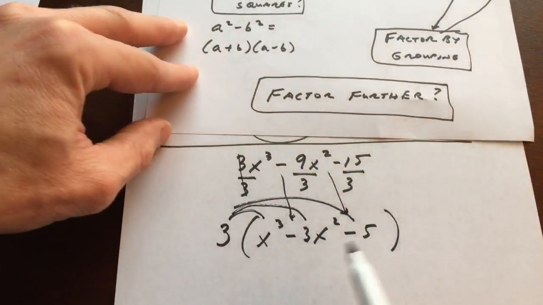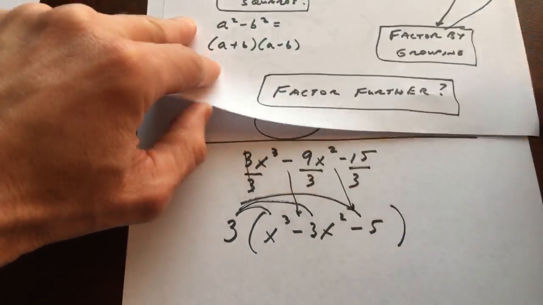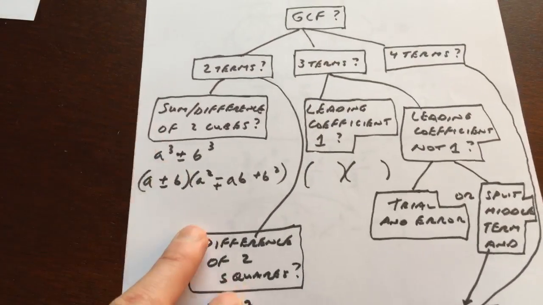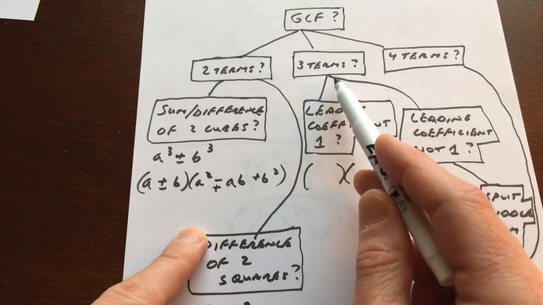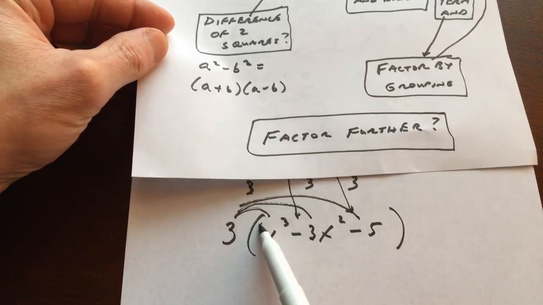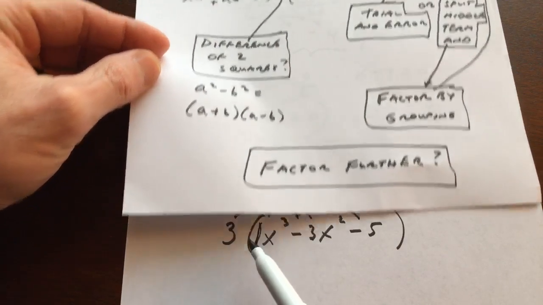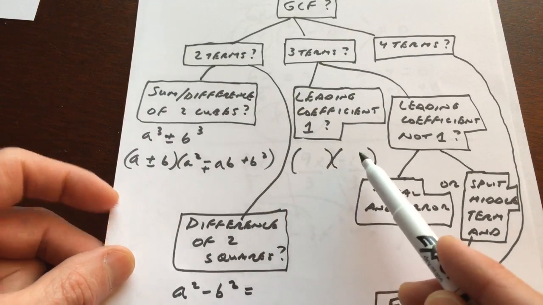Now, you can see we've got a trinomial left over here, these 3 terms, but we have to ask ourselves now, can it be factored further? Well, it looks like we've got 3 terms up here. The leading coefficient is 1. You can see there's a 1 right here in front of the x cubed. And so then what we want to do is see if we can factor it into 2 binomials.